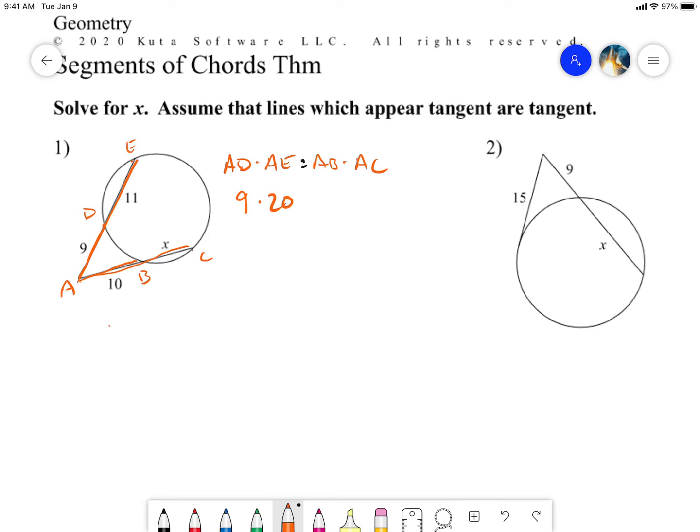Okay? So keep in mind that AE is 9 plus 11. So it's 20. And this is going to equal 10 times the whole thing, so AC, which is 10 plus X.